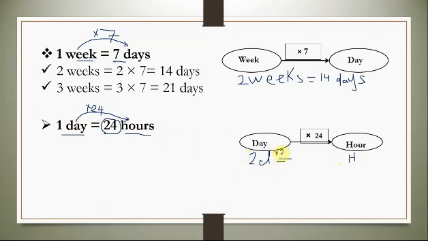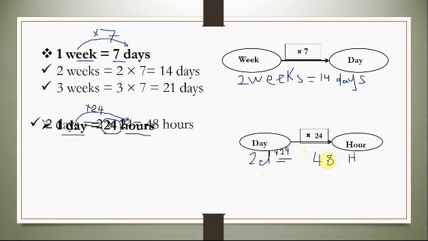So 2 times 4 equals 8, and 2 times 2 equals 4. This is how we can change from day to hours, multiply by 24, because 1 day equals 24 hours.